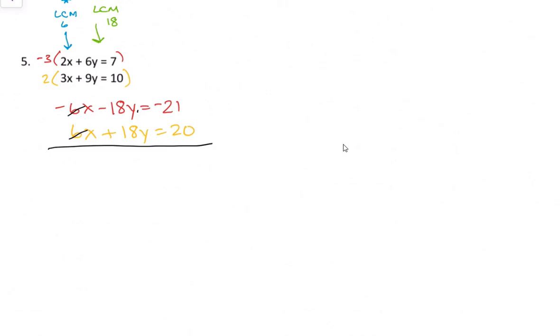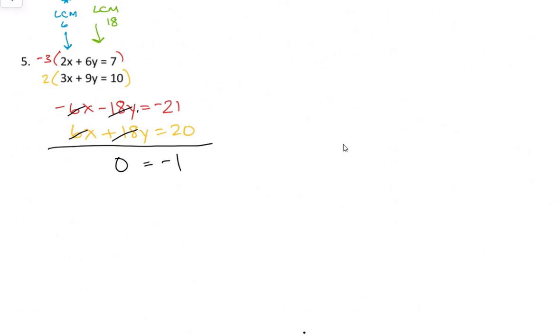Now, the way that you tell is to go ahead and finish the adding. So when I add this left-hand side together, since everything eliminates, my left-hand side is 0. Now, when I add the right-hand side together, -21 plus 20, I get -1.